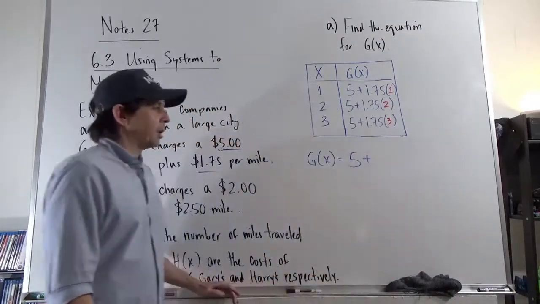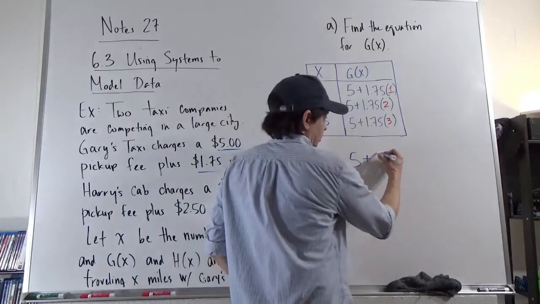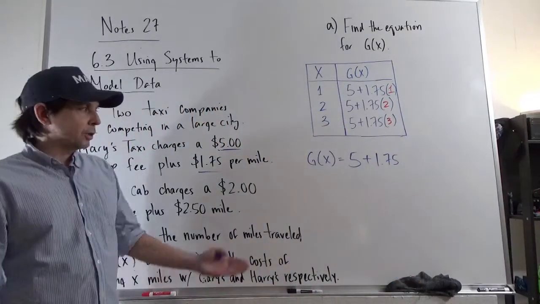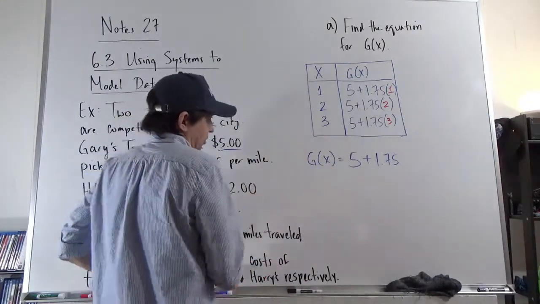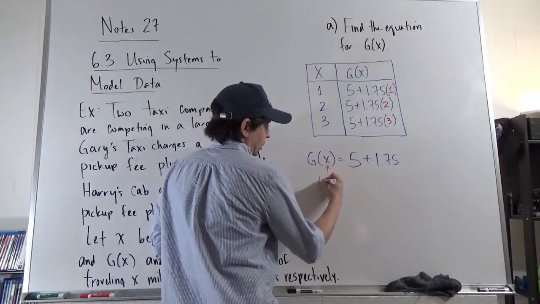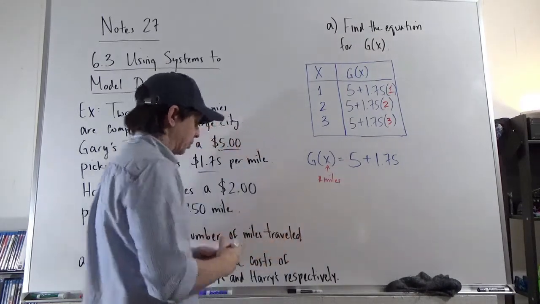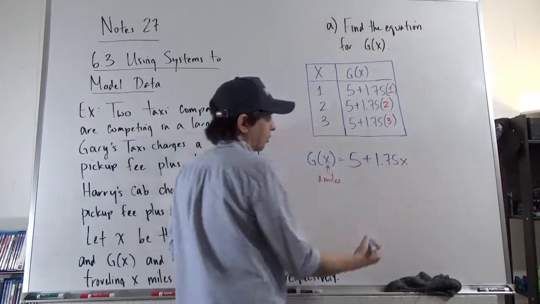I'm always going to be charged $5, and then I'm going to be charged an additional $1.75 times the number of miles. And here, since it's a function with an unknown x, and x is your number of miles, remember that's what x represents, that means we're going to multiply the 1.75 by the number of miles x.